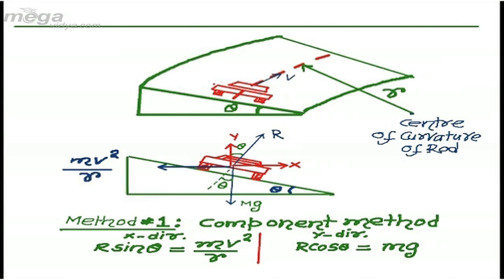For safe turning, the net force on this car in this mode must be 0. That's why I have taken x and y components and I have equated the x component of forces, R sin theta along positive x and mv square by r along negative x. In the y direction, R cos theta is upward and mg is downward.